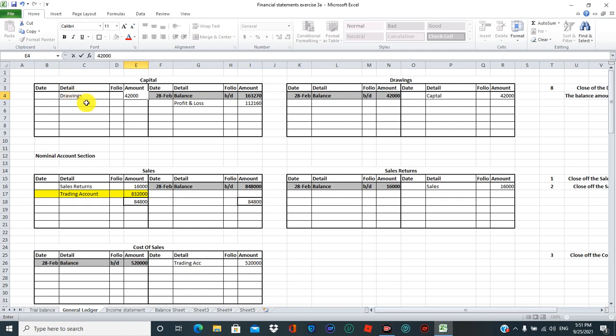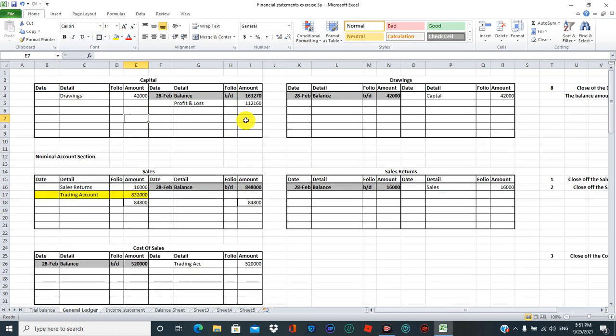Okay, so we've done all that, and now we need to balance this baby again. Let's do that. Okay, so let's balance it. So the balancing amount is, just first add these babies up.